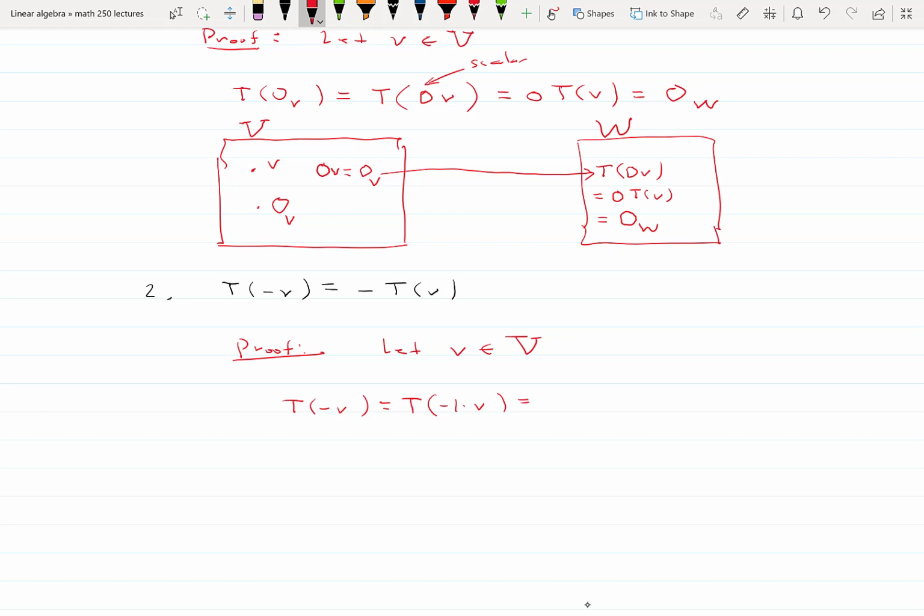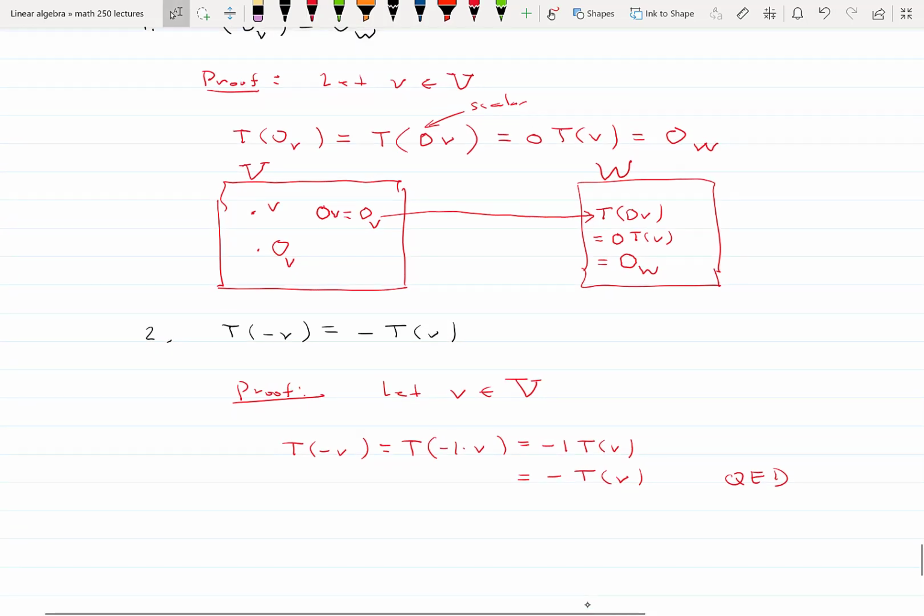But the second property of a linear transformation says that scalar can be factored out. Now this quantity, negative 1 times t of V, is in W. And we also have a theorem that says negative 1 times a vector is the opposite of the vector. Okay, so there's a little QED on that. Here's a QED on our first one.